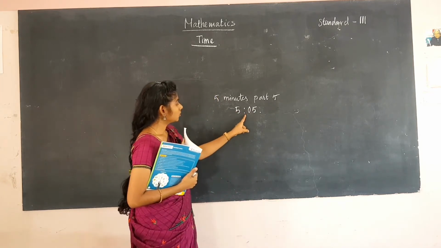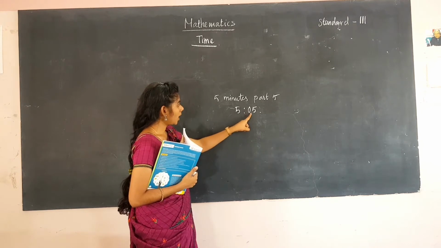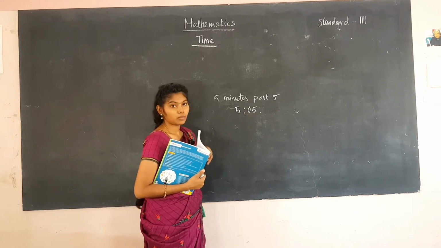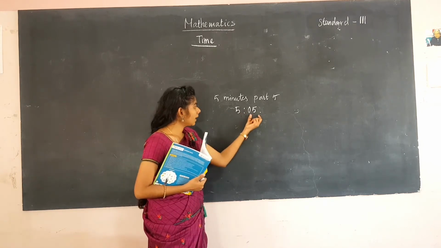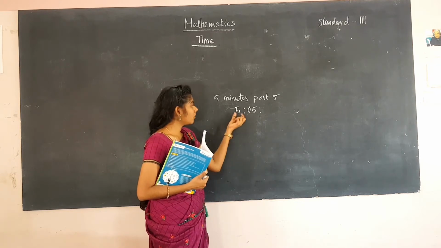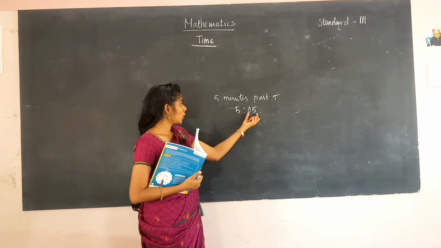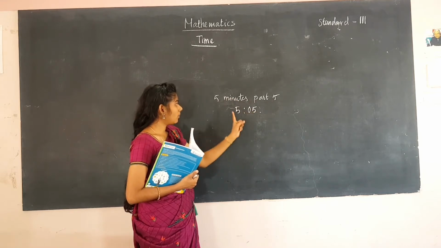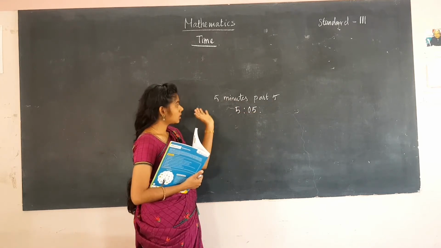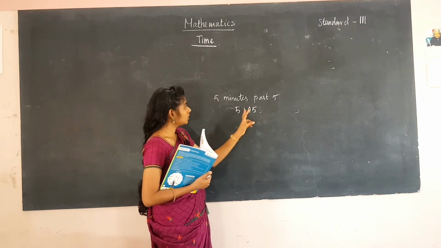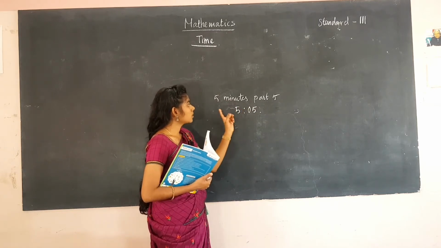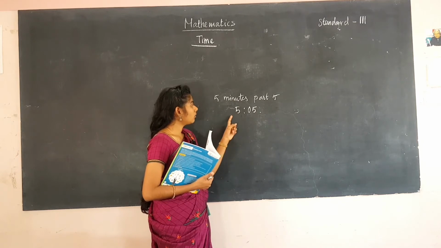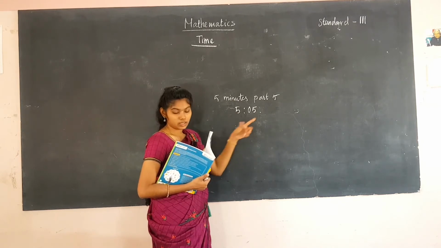This is the time: 5 is the hour and this is the minutes. The first one is the hour and the next one is the minutes. In words you write 5 minutes past 5. It has just passed 5. So 5 minutes past 5, and you write it as 5 hours 5 minutes.